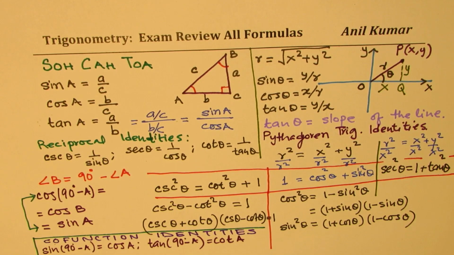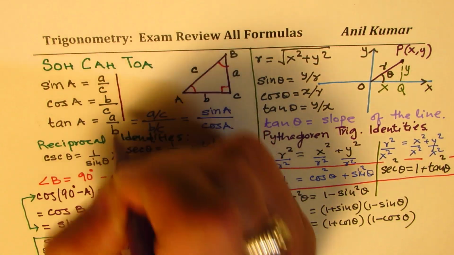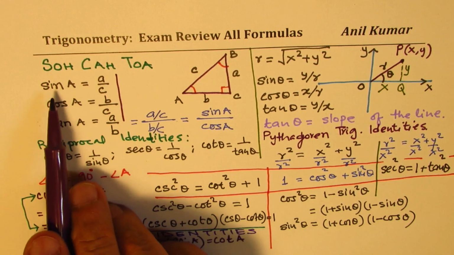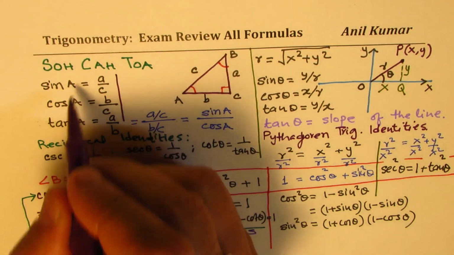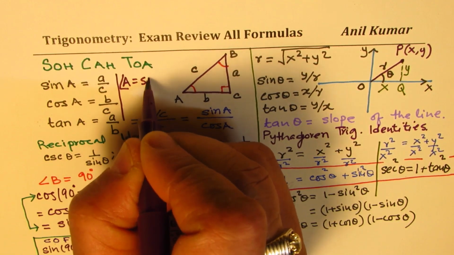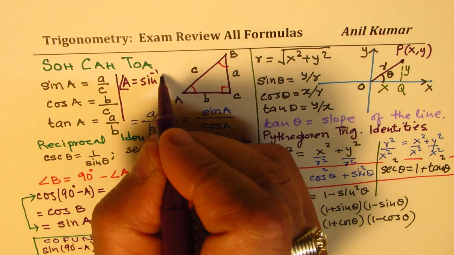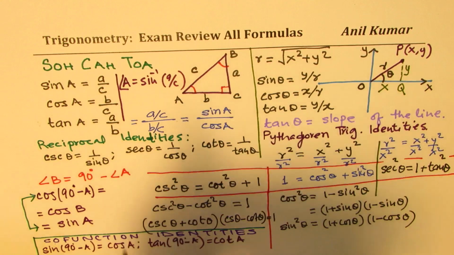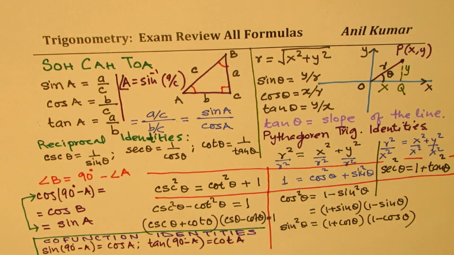Perfect. Last and not the least, normally for finding the ratio, we use sine of A. But what if we want to find A? The angle A, you use sine inverse. So A equals sine inverse of the ratio A over C. So the inverse function is used to find the angle. If you want to find the angle, you need to use the inverse key on your calculator, right?